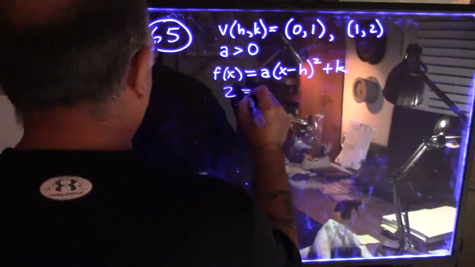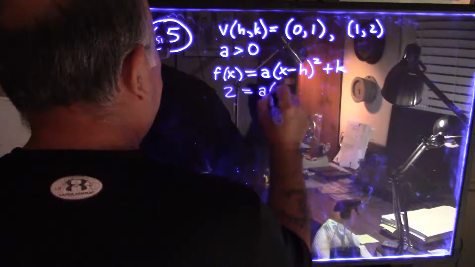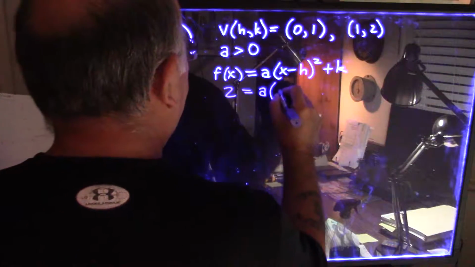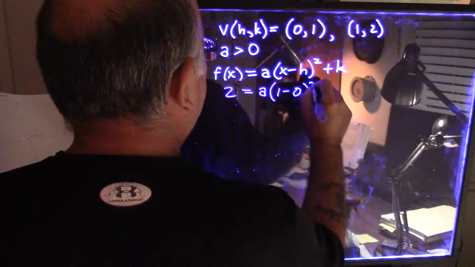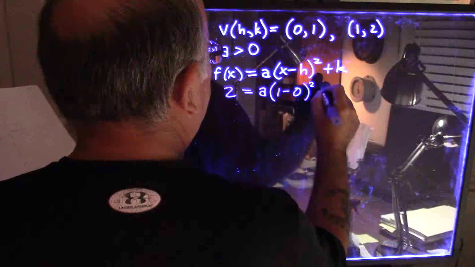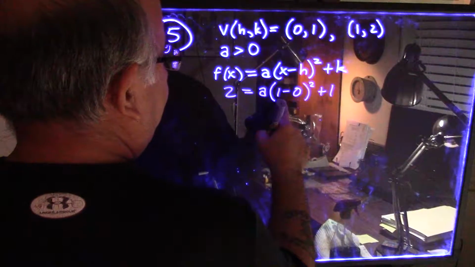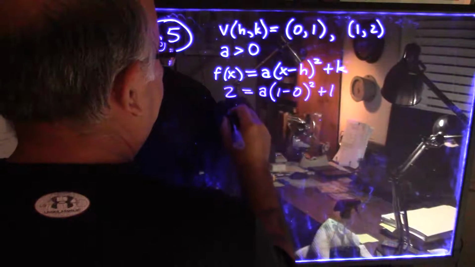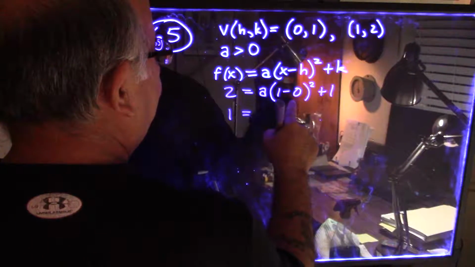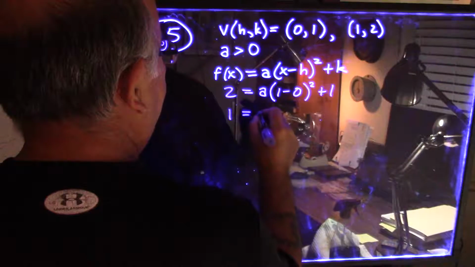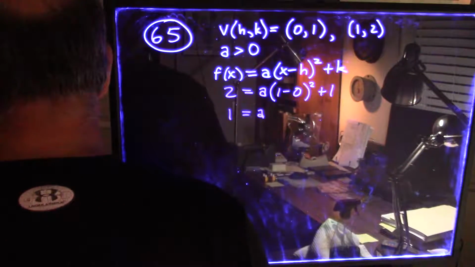2 equals a parentheses 1 minus 0 squared plus 1. And so 1 squared, subtract 1 from both sides, you get 1 equals, and then 1 squared is 1, so that's just a. Well, that's solved for us right away.